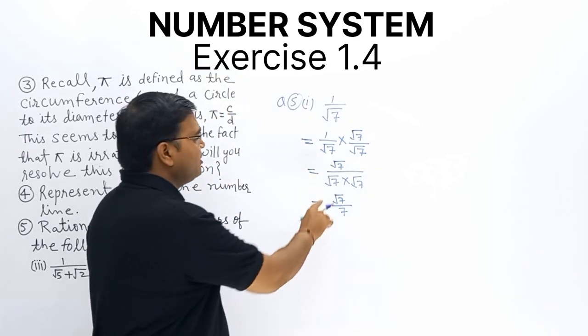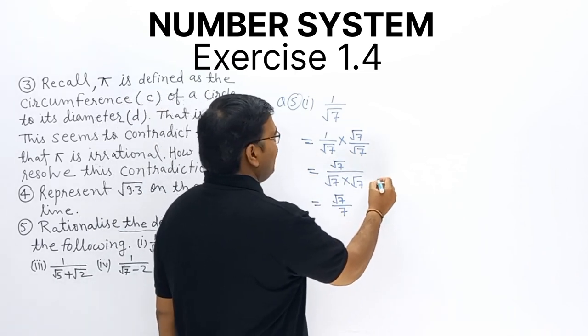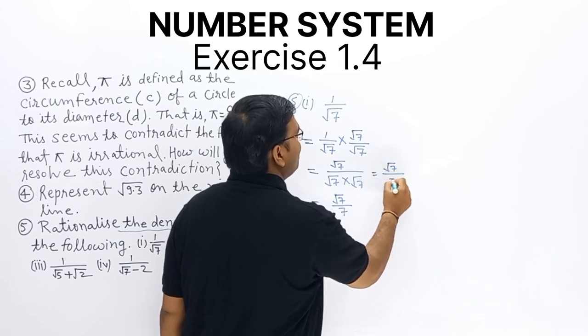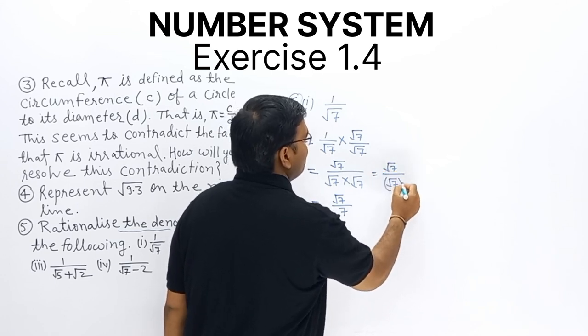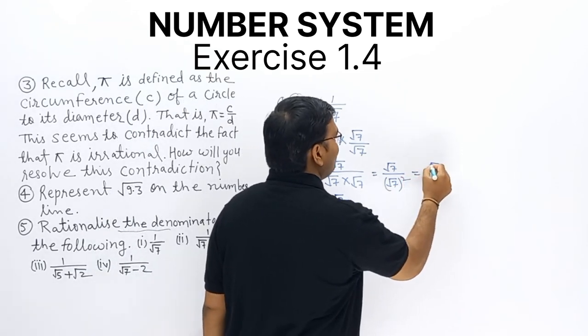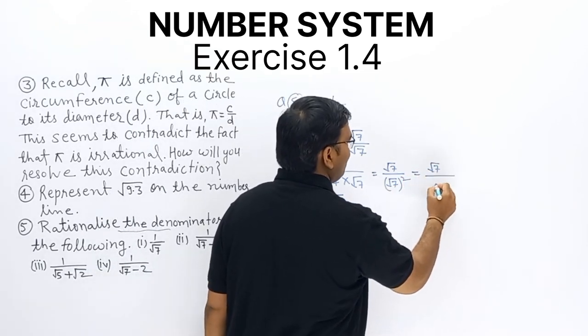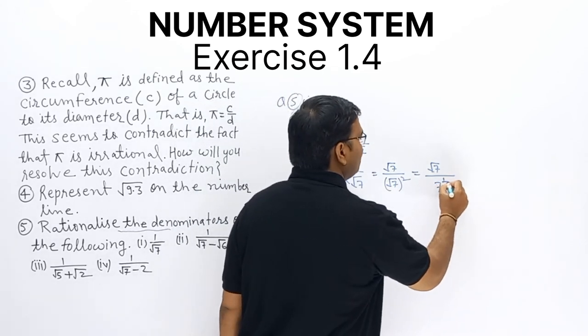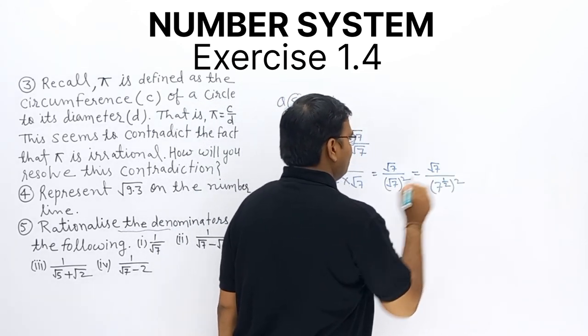Yes or no? How are we getting this? What is the meaning of this? Root 7 into root 7 is root 7 squared. How can we write this? What is the meaning of root? Root means power 1 by 2, and whole power 2.